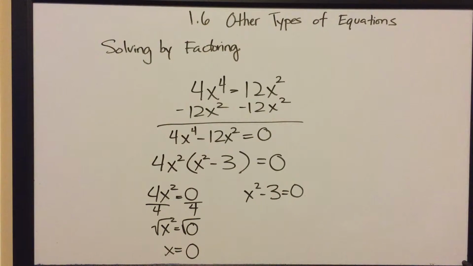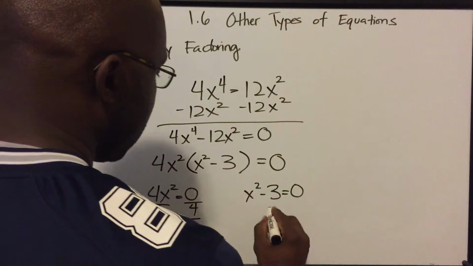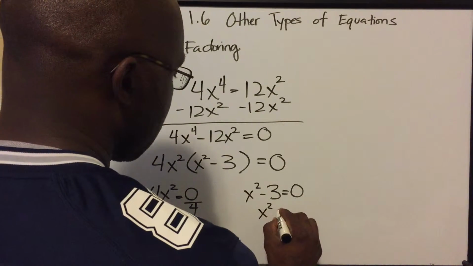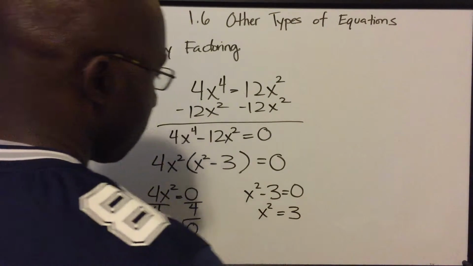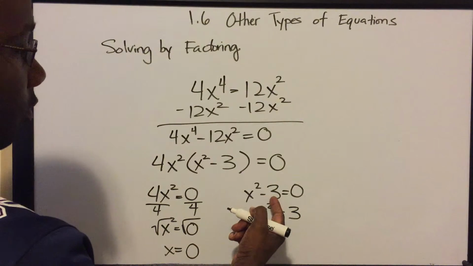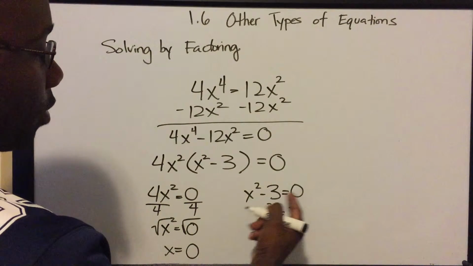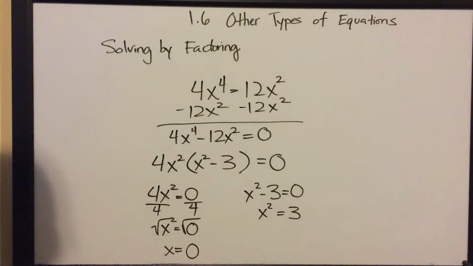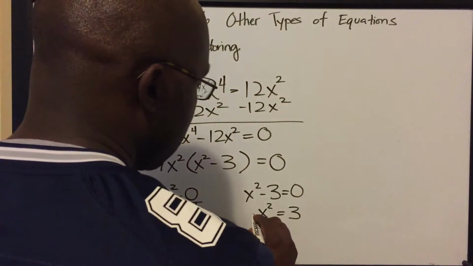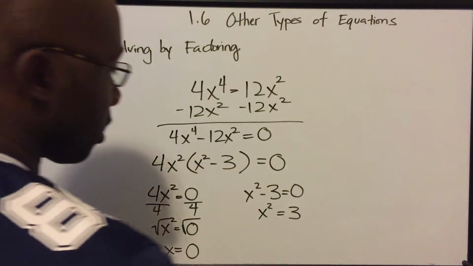Now we still have x squared minus 3 is equal to 0. So we get our variable on one side and our real number on the other side. Now we have x squared is equal to 3, because in order to get rid of this 3, we had to add 3 on both sides. Now we take the square root of both sides in order to get rid of this x squared.